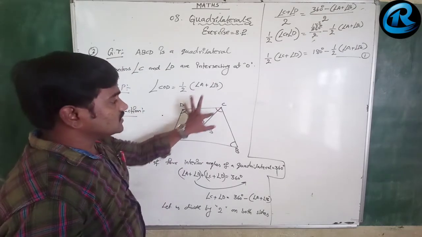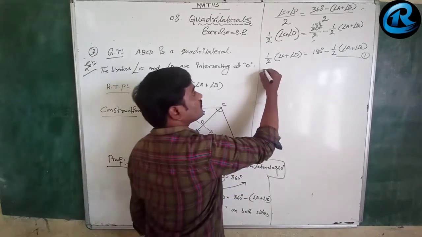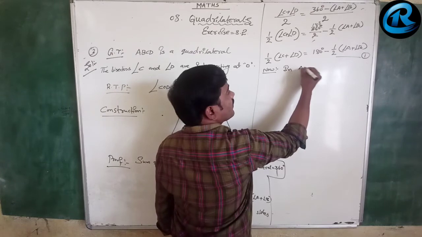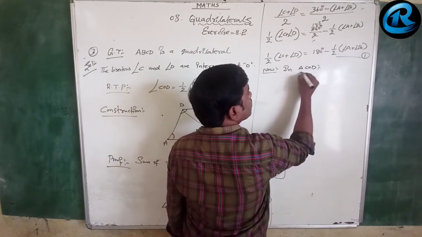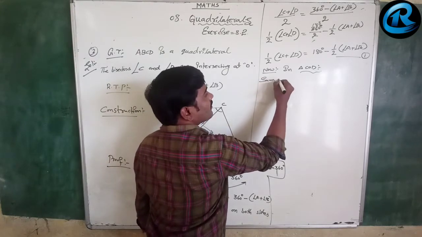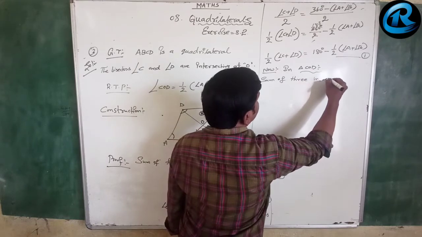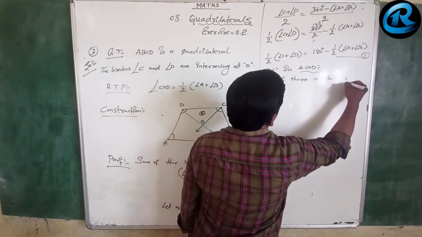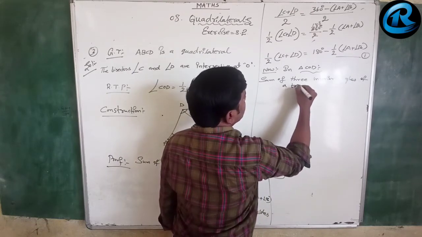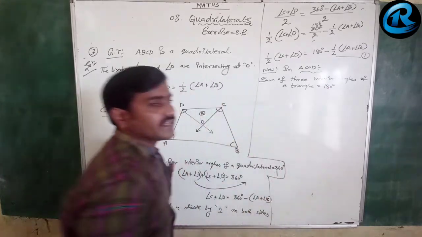Now in triangle COD, here you can see the one triangle COD, the sum of the 3 interior angles of a triangle is equal to 180 degrees, as we know.